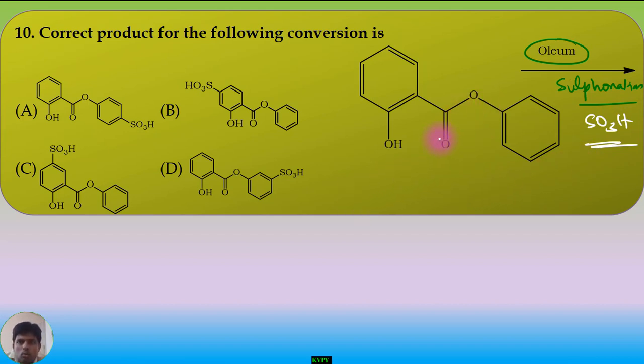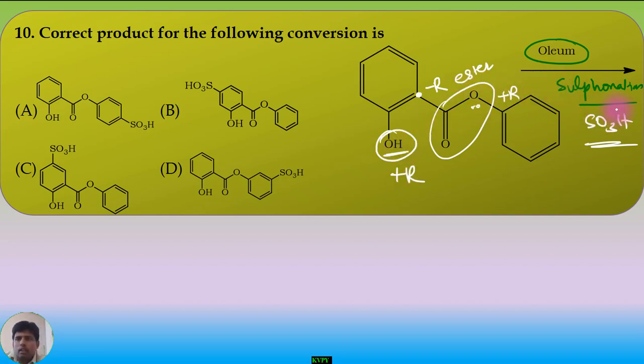So here there are two groups. One is a plus R group and this is an ester. Because it is an ester, this ester group is going to offer minus R to this ring, and this oxygen is going to offer plus R to this ring. But this plus R is much weaker compared to the plus R of this OH.